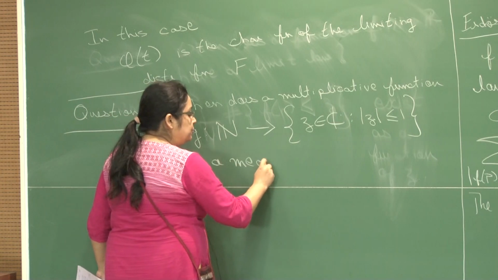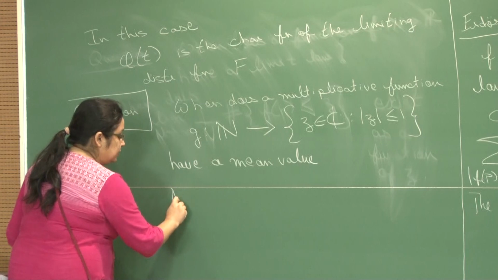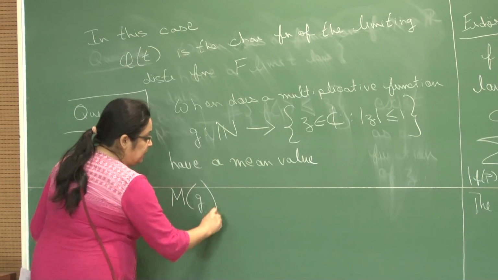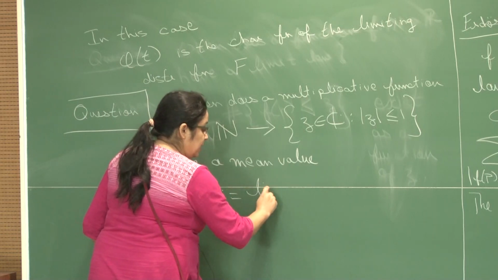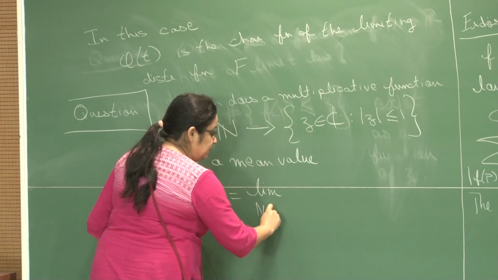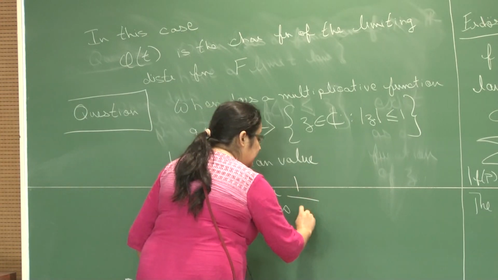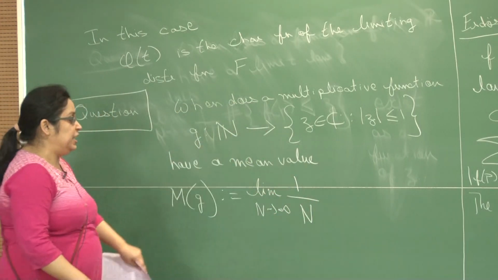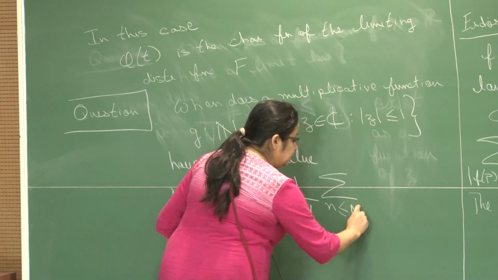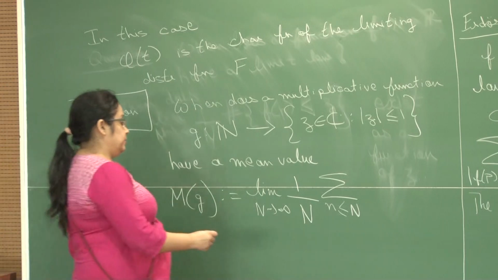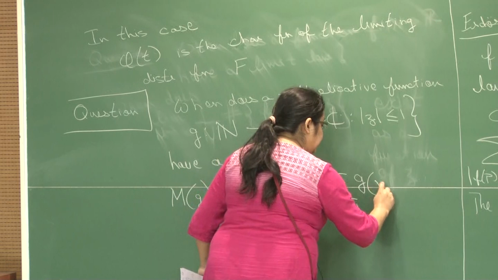What is a mean value? Let us denote it by M of g. This is defined as the limit as capital N goes to infinity of 1 over capital N times the summation n up to N of g of n.